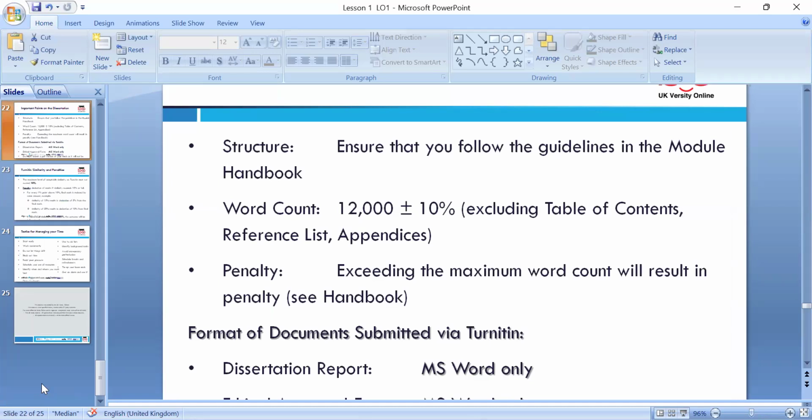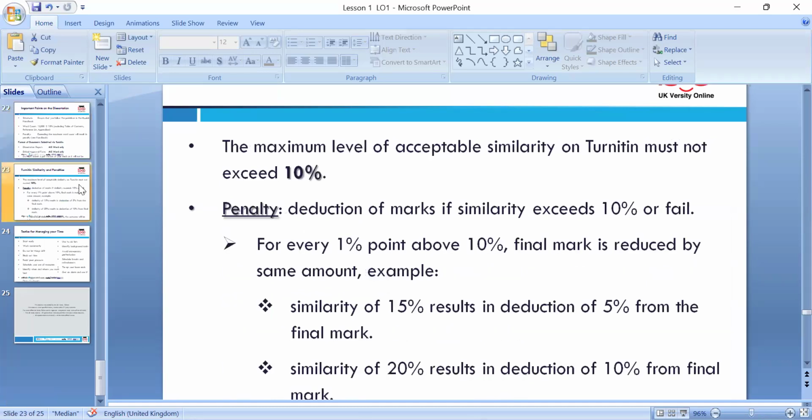Because we are doing a level 7 qualification, we will look further when we do the assignment discussion, and we'll go through these things in detail during our lessons. So please, maximum 10% more. Of course, similarities can vary.